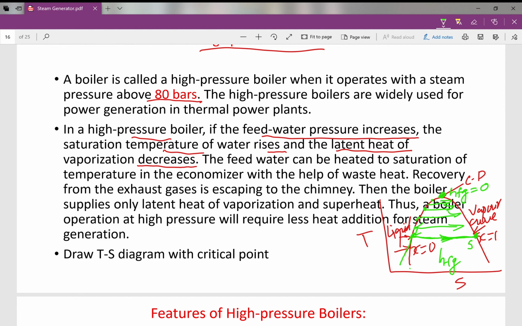Right? So here it is written clearly that the saturation temperature of water rises and the latent heat of vaporization decreases. So as temperature increases, this value keeps on decreasing.